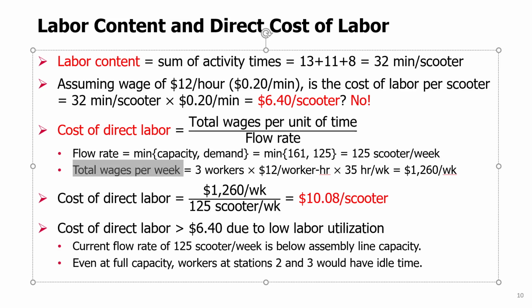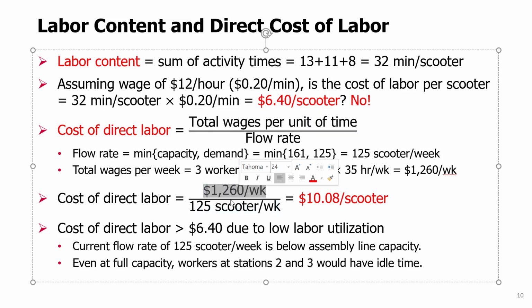Total wages per week: we have 3 workers, each gets $12 per hour, and they work 35 hours per week. So the total salaries for those 3 workers are $1,260 per week. And now we're ready to do the calculations according to this formula.